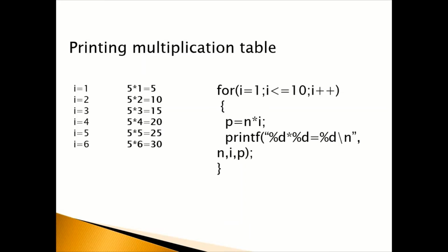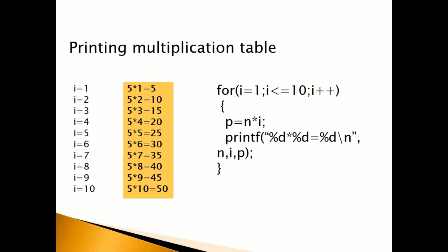It continues up to I equal to 10. In the last iteration, I equal to 10, it prints 5 into 10 equal to 50. And after printing this, when I becomes 11, the condition becomes false, and it stops, it terminates the loop and comes out of the for loop, and thus we have the output here, the multiplication table of 5.